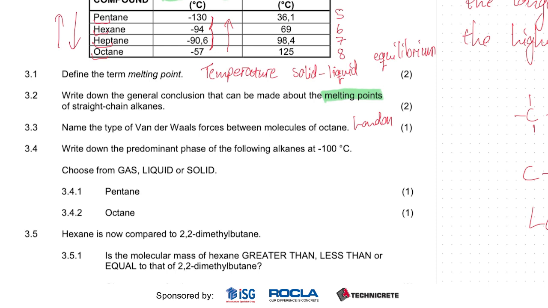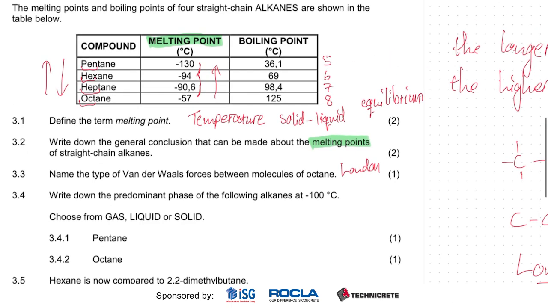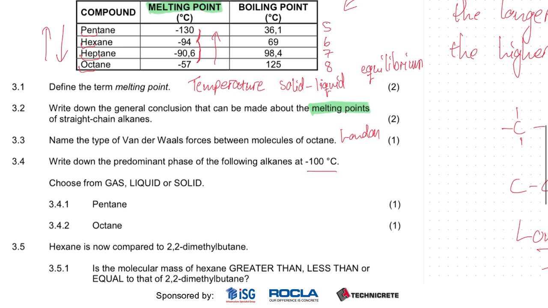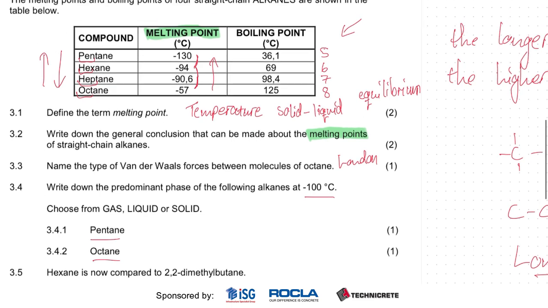Okay. Write down the predominant phase of the following alkanes at negative 100 degrees Celsius from gas, liquid, solid. Okay. So basically, we're going to use the data they've given us to decide what phase pentane and octane would be in at negative 100. Okay.